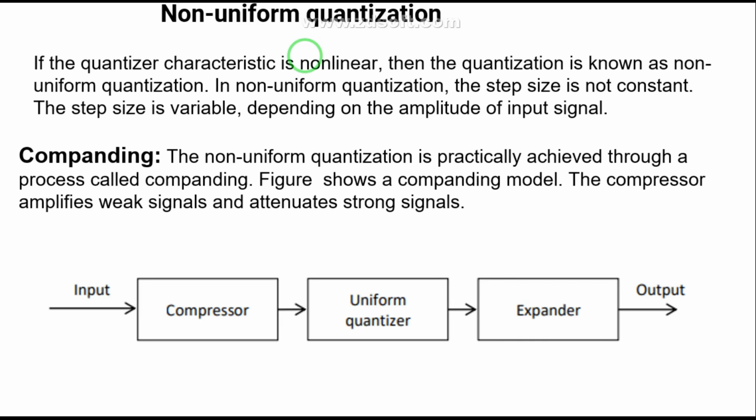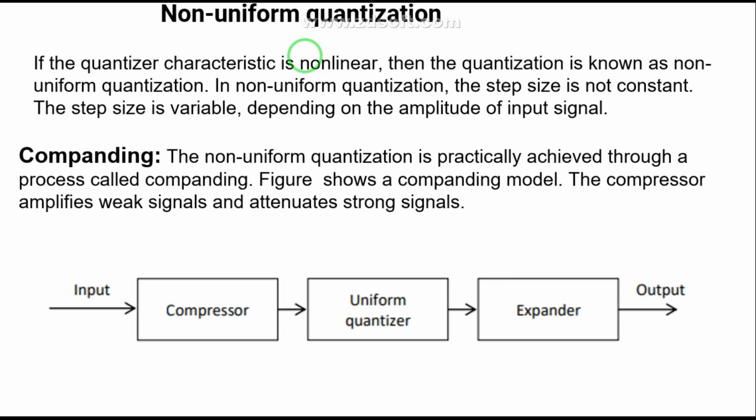As we know, in uniform quantization, once the step size is fixed, the quantization noise power automatically remains constant. However, the signal power is not constant.